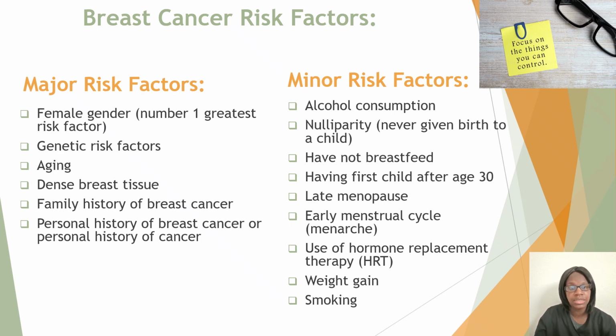You have Asian, dense breast tissue, family history of breast cancer, personal history of breast cancer, or personal history of cancer in general. For your minor risk factors, you have alcohol consumption, never giving birth to a child, never having breastfed, having your first child after age 30, late menopause, early menstrual cycle, using hormone replacement therapy, weight gain, and smoking.